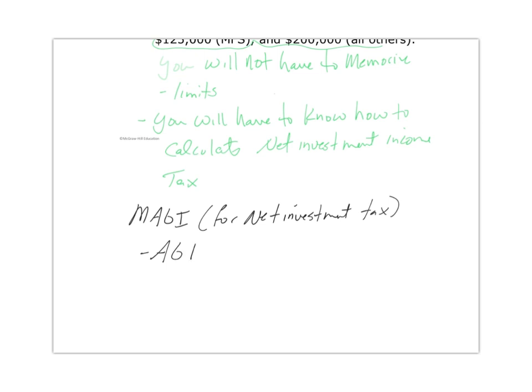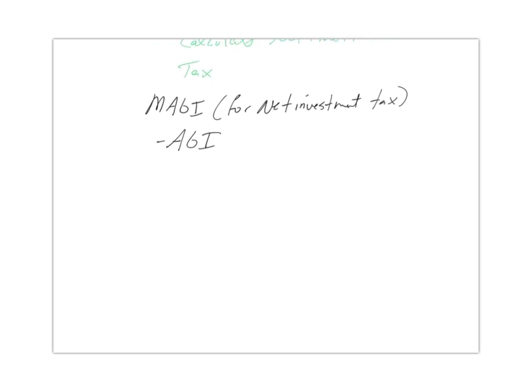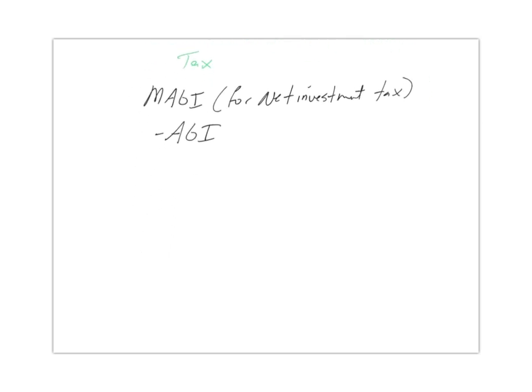You take your normal AGI, and then you're going to add back the following items. All right, so here we go.